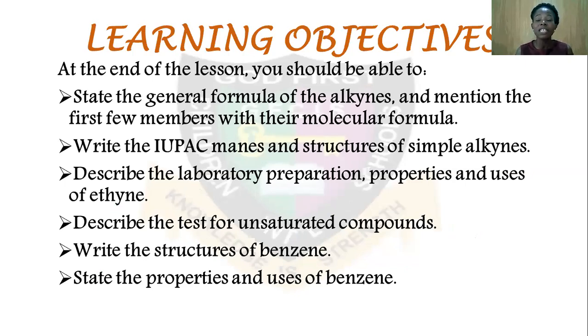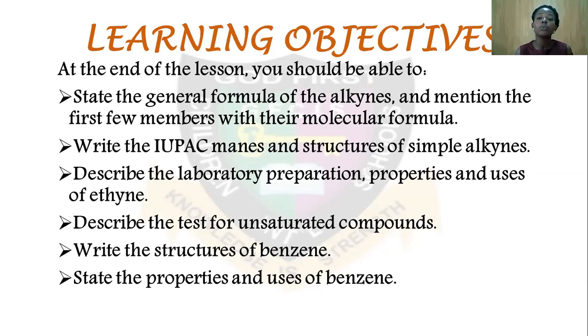Remember we said that hydrocarbons are compounds of hydrogen and carbon alone. We've talked about the saturated ones, the alkanes, which end with ANE, and the alkenes, which end with ENE. Now we are looking at the alkynes.